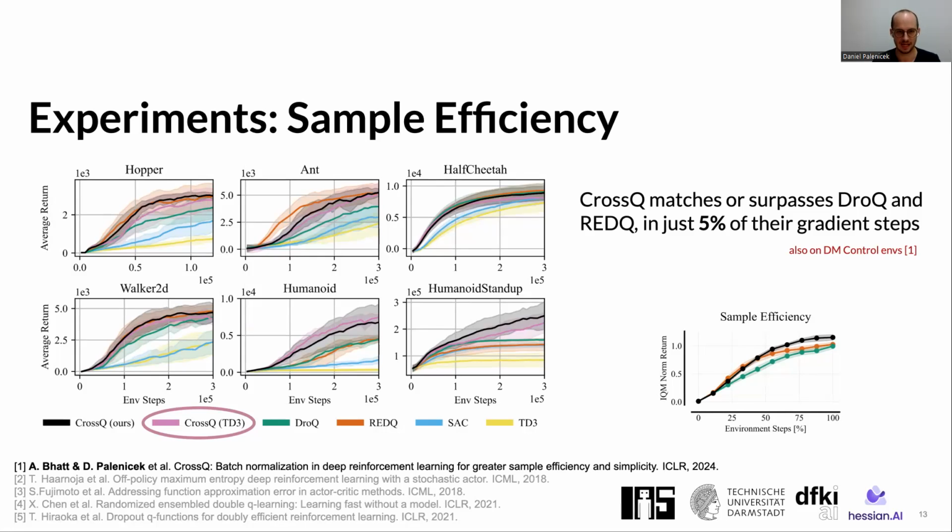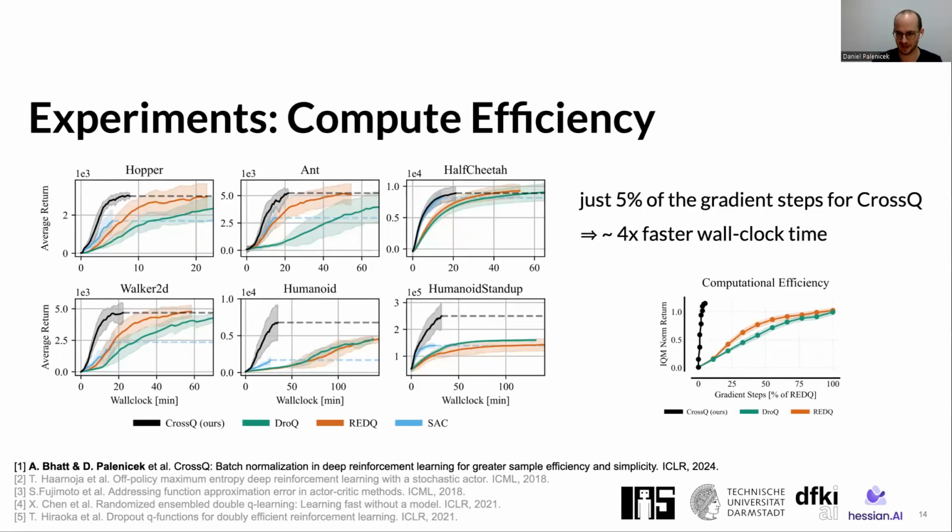All right, this becomes even more dramatic if we now plot this in terms of computational efficiency. As we said, 5% of the gradient steps, which translates into roughly 4 times faster wall clock. Everything is jitted, so coming back to JAX, that makes it nice.